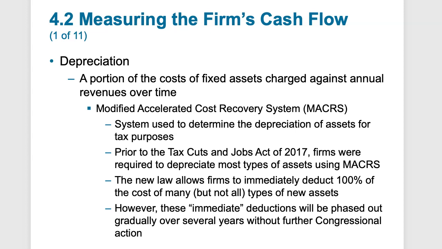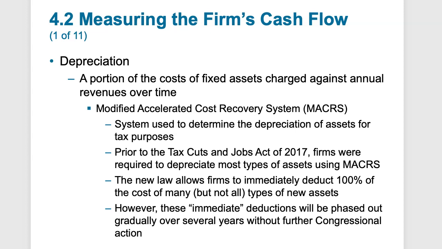As we deduct it, our income becomes smaller, and our tax burden becomes smaller. But when we calculate cash flow later on, we add the depreciation back in, because it's a non-cash charge. We used it only to reduce income and taxes, but if we're looking at the true cash flow of the company, we add it back in.